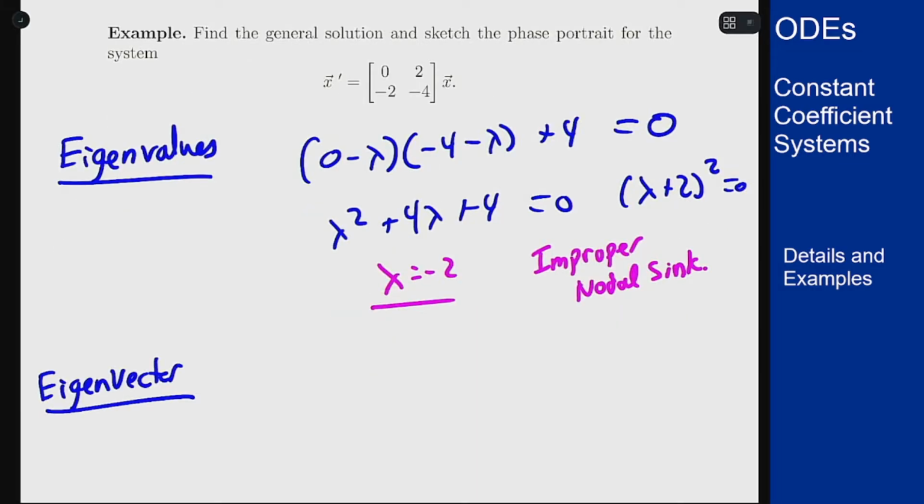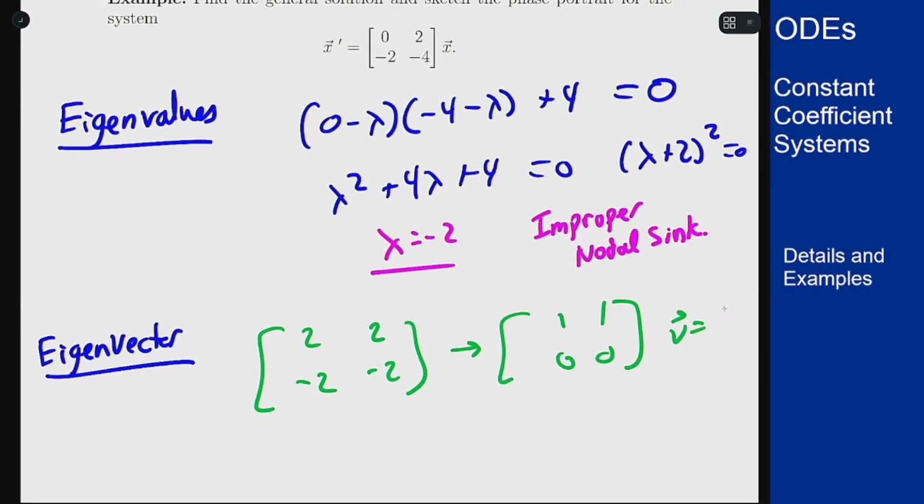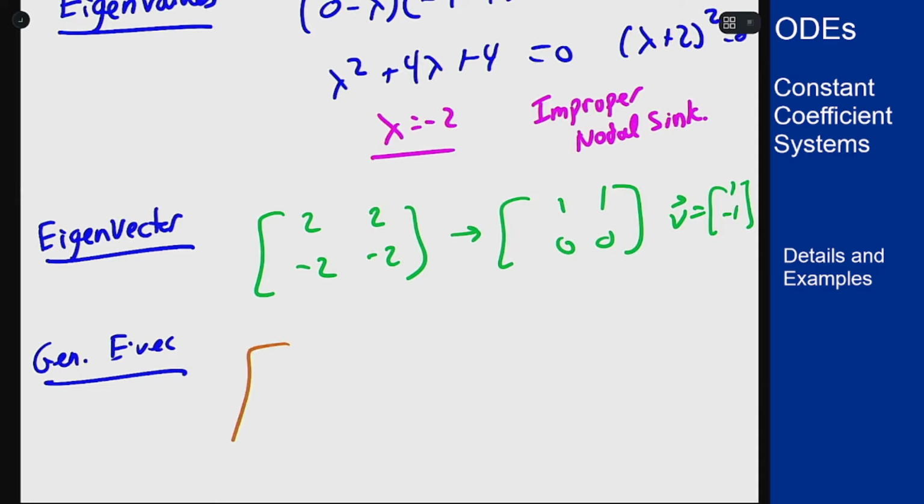For this, we are adding 2 on the diagonal. So we'll get [[2, 2], [-2, -2]], which reduces to [[1, 1], [0, 0]]. So an eigenvector here is (1, -1). Since we only found the one eigenvector, we're also going to need a generalized eigenvector, so let's find that now. That will come down to the same matrix, [[2, 2], [-2, -2]] w = (1, -1).